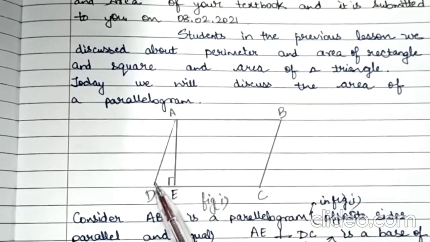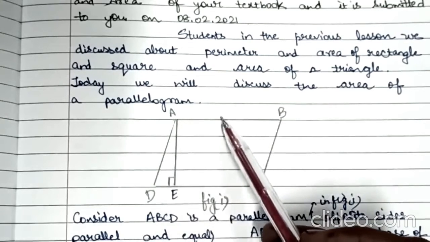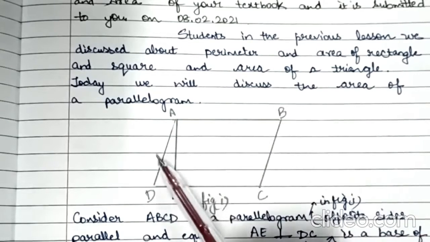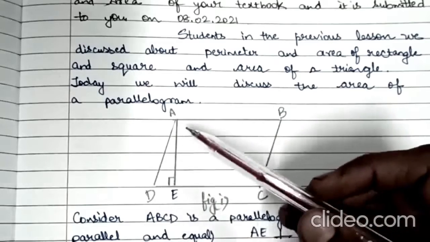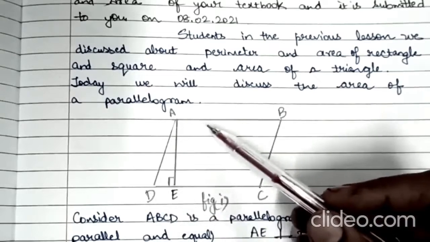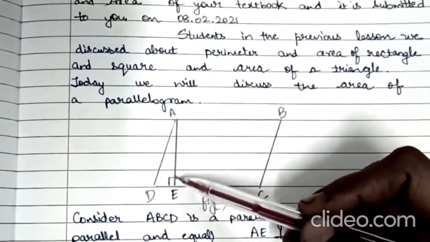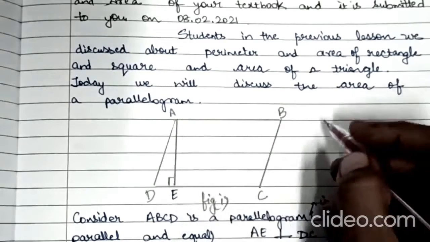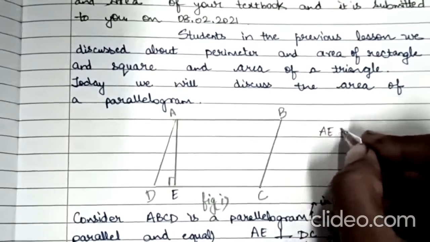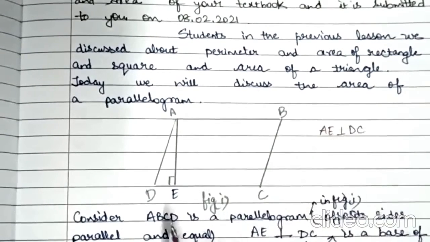Parallelogram is a quadrilateral, a four-sided polygon whose opposite sides are parallel as well as equal to each other. In the parallelogram, we have drawn a perpendicular AE. AE is perpendicular to DC.